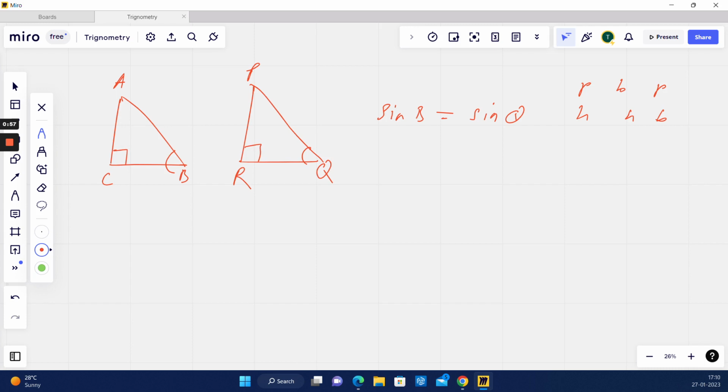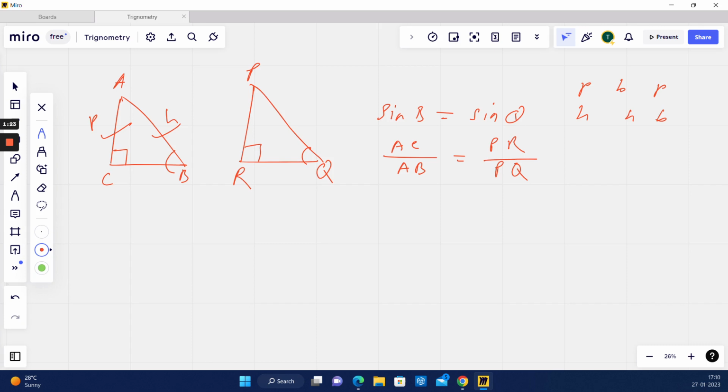Sin B is perpendicular by hypotenuse. So perpendicular is AC and hypotenuse is AB, right? So we can write sin B as AC upon AB. Similarly, we can write for sin Q, PR by PQ, right?